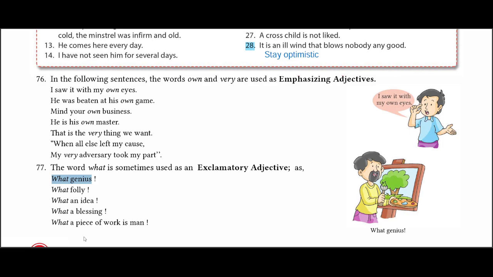So, what's its function? What is making this whole statement an exclamation? What genius is an exclamatory phrase. It is not a question. So when an adjective is used for the purpose of exclamation, we say it is an exclamatory adjective.